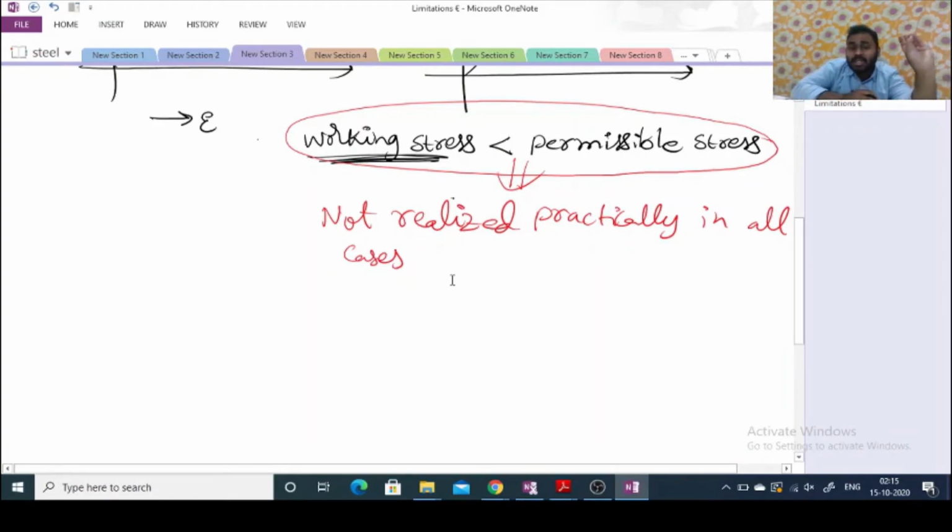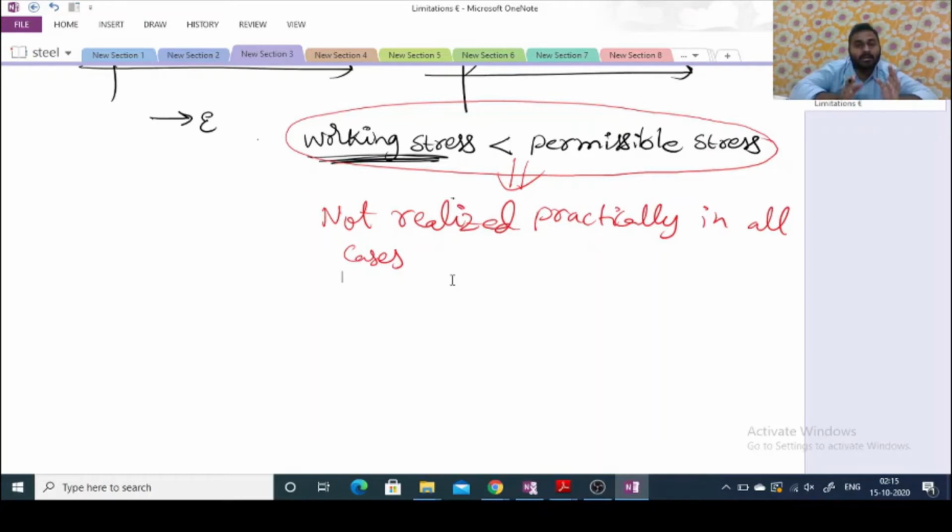Effects like stress concentration, long-term effects like creep and shrinkage, residual stresses and other secondary effects. Because of all these effects, this design criteria will not be valid practically.